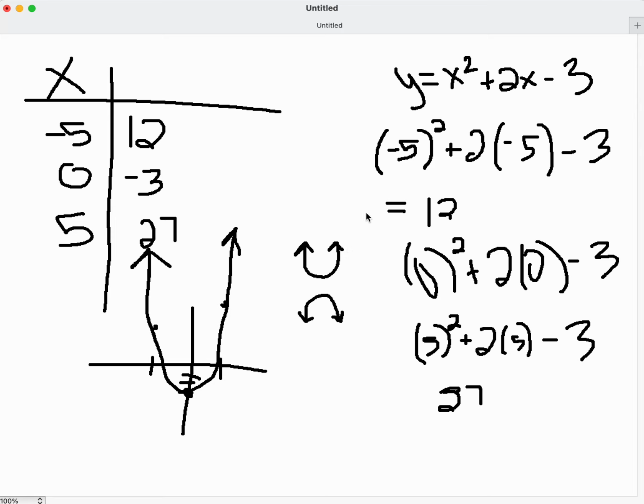Now, if I wanted to find the vertex, the formula is -b over 2a. Let me get some space here to work with.